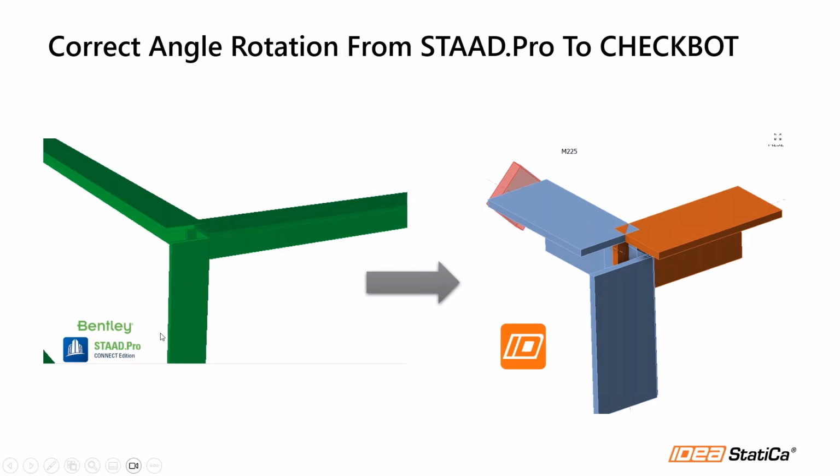So now if you test this, if you deal with angle sections in StatPro and then you're exporting that to Checkbot, the rotations are correct in Checkbot. This is very useful for some of our StatPro users and Checkbot users.